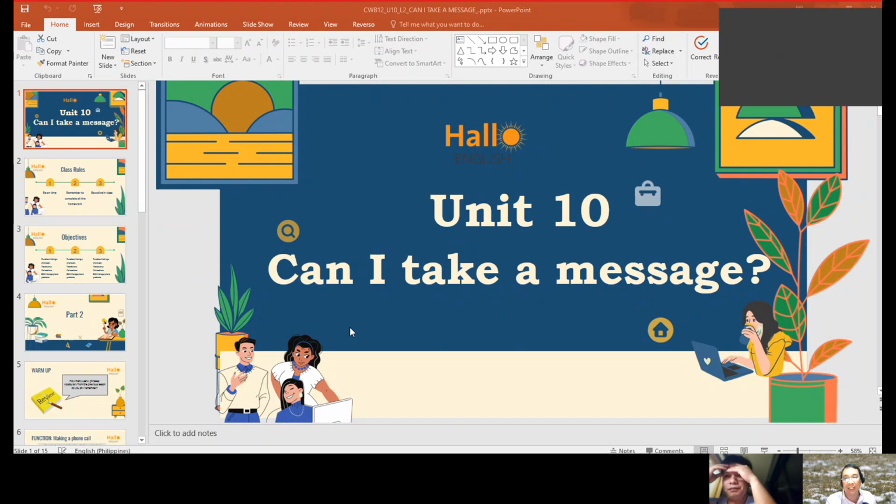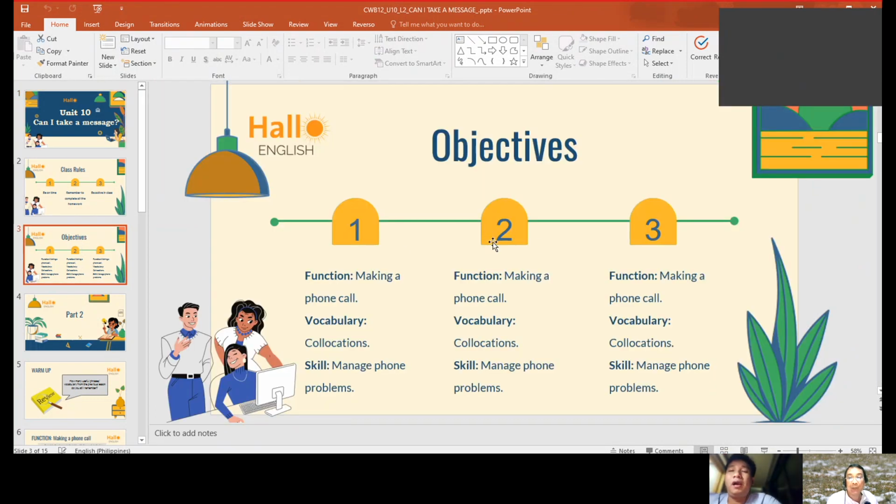If you are the one calling, you are the caller and I am the receiver. Aside from making a phone call, we also understood how we are going to manage phone problems, right? We were able to read situations on how we can handle problems about phone calls.